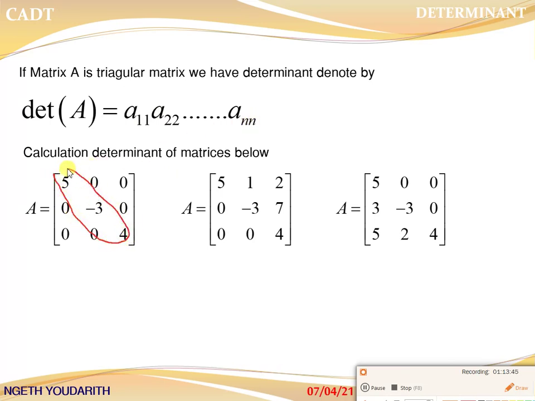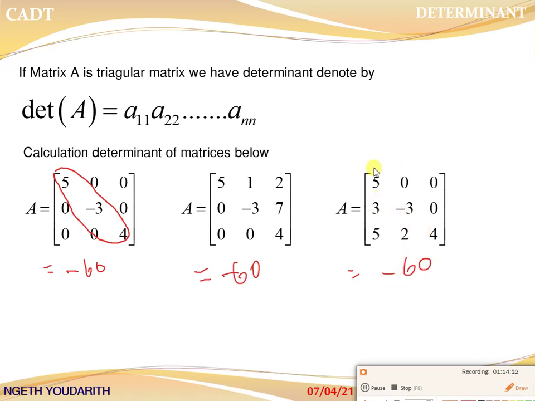We just multiply the diagonal: 20 times minus 3 is minus 60. This one is also minus 60. This one is also minus 60. So the diagonal matrix is minus 60, the upper triangle is minus 60, and the lower triangle is also minus 60.